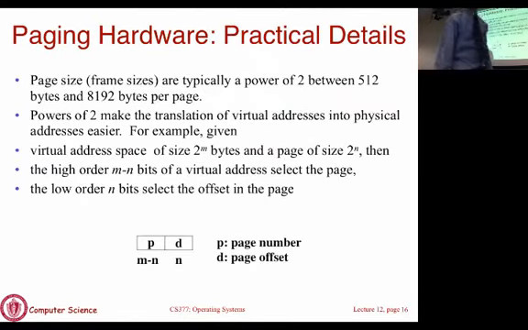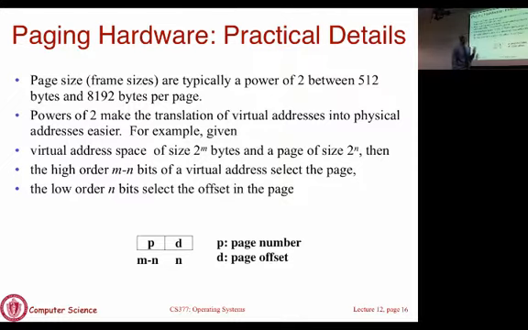Now the nice thing is if the page size is some exponent of 2, some 2 to the power m, then this division and mod you don't actually have to do. You can simply look at the bits of an address and extract that automatically. So it's the same as doing this arithmetic.